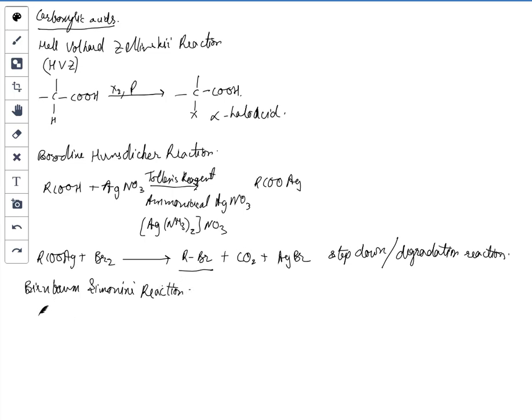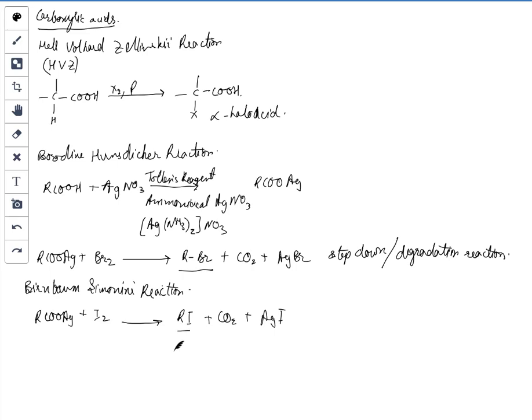Now here again we have the silver carboxylate. And instead of Br2, we are using I2. Again, it's going to react. It's going to give us RI along with CO2 along with AgI. That's a simple thing. The only thing is that RI is extremely reactive.